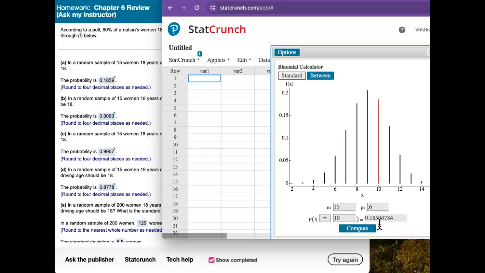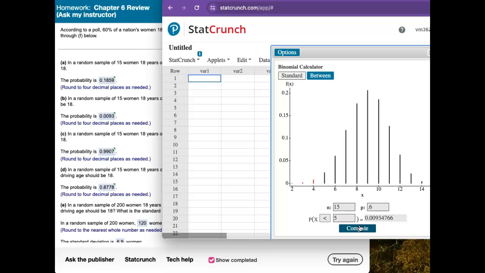Then in the second question, we're looking at the same situation here. N is 15, probability of success is 0.6, but this time we want less than 5. Hit compute, and we get 0.0093.